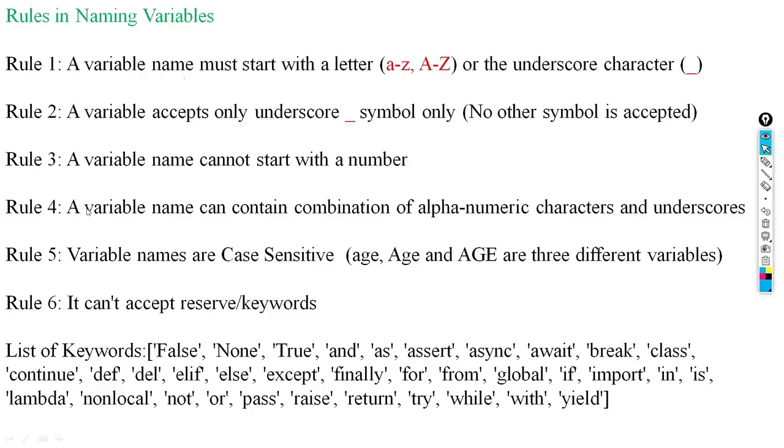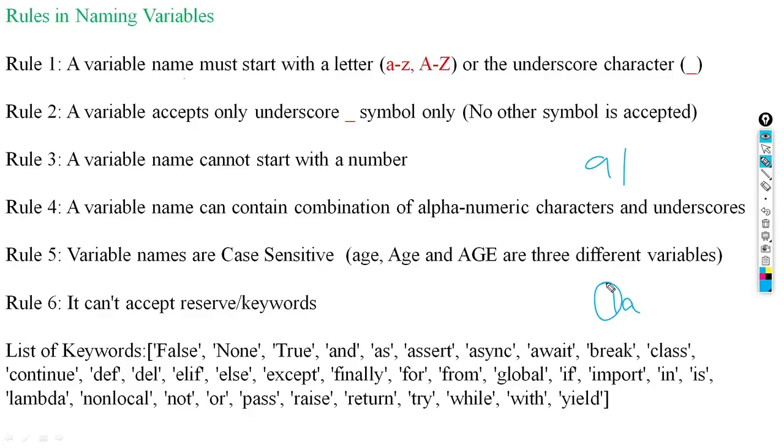So the variable name can contain a combination of alphanumeric characters. Alphanumeric means alphabet followed by numeric. A1 is called alphanumeric. 1A is called numeric alpha, because the first one is numeric followed by an alphabet letter.